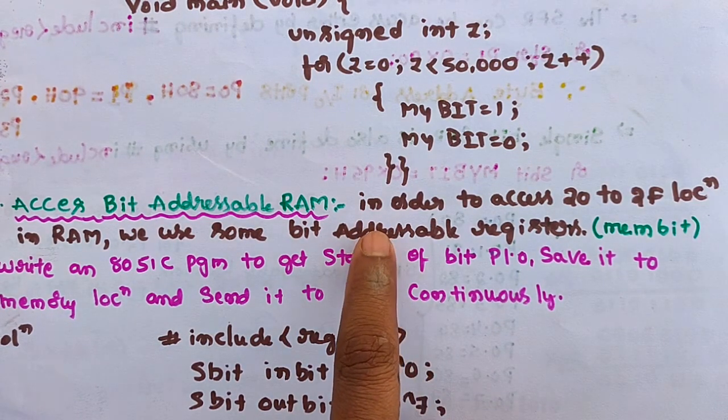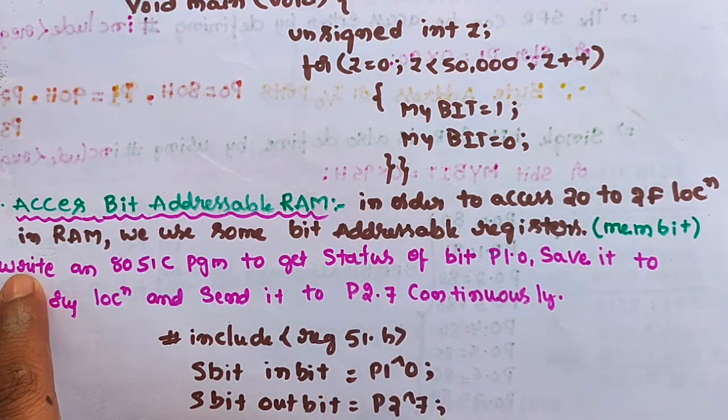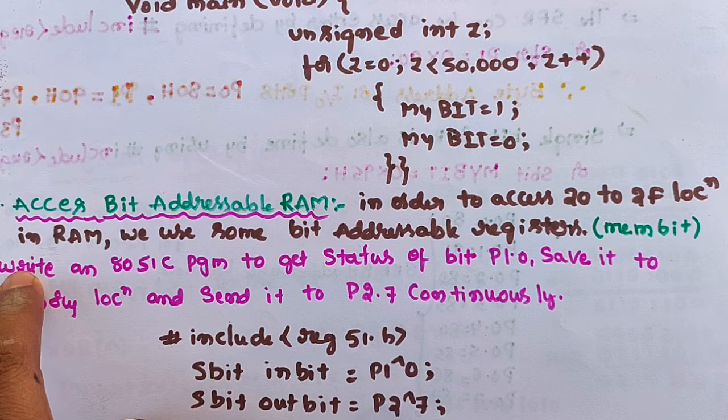That means, in order to access 20 to 2F locations, because the lower order 128 bytes of RAM consist of 4 different register banks, after that 20 to 2F locations are dedicated to bit addressable locations that can be used in a program.